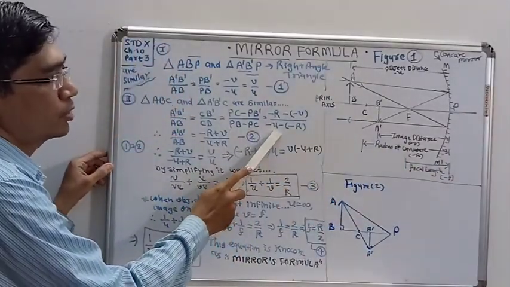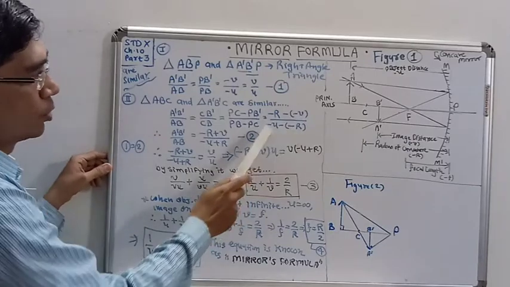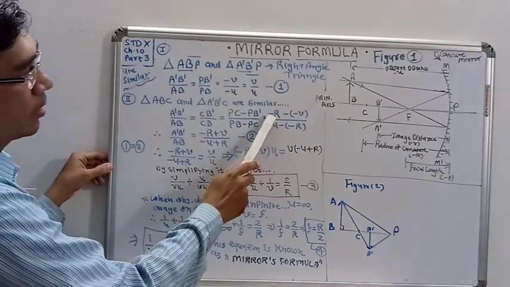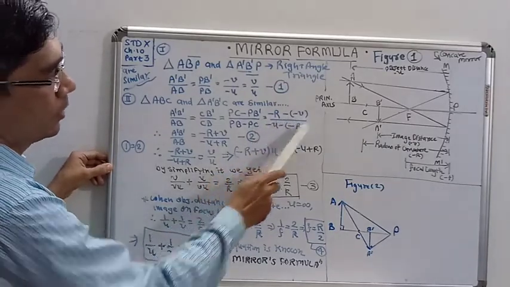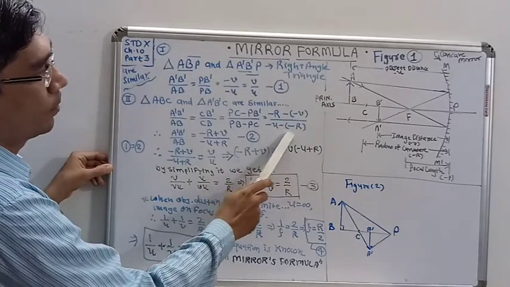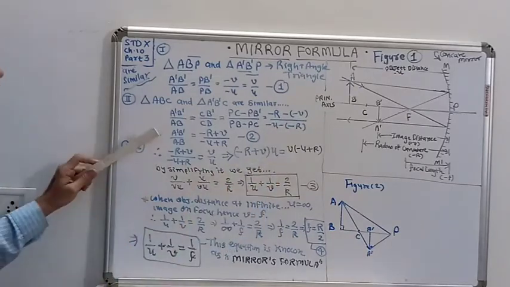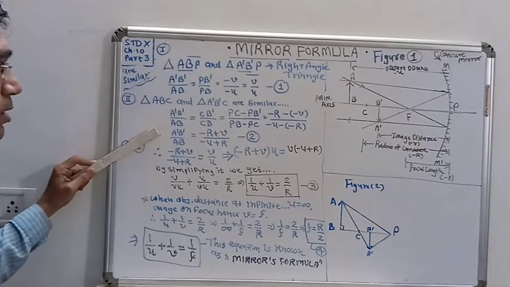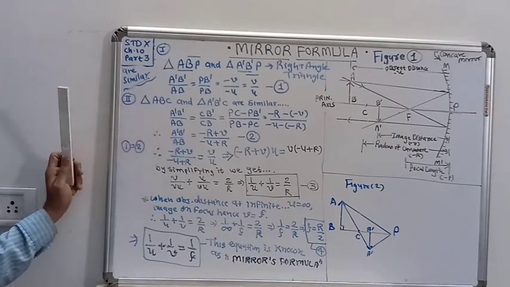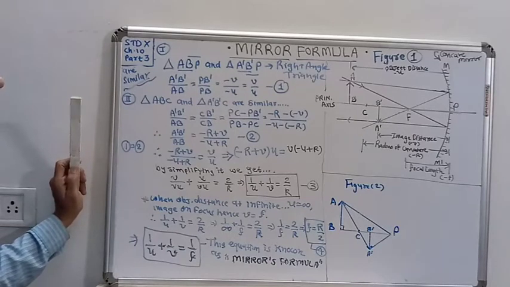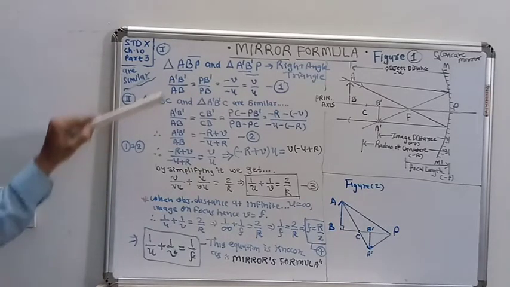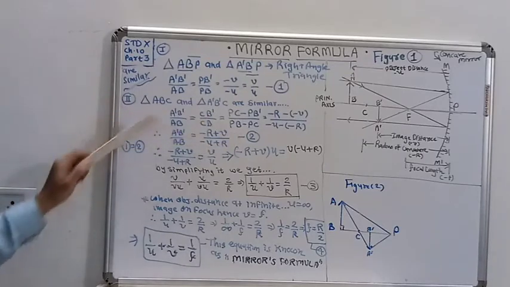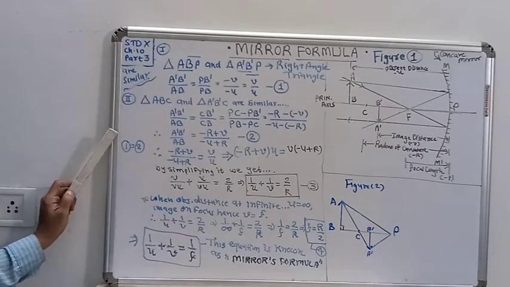So it is minus U minus R. So by simplifying it, we get minus R plus V upon minus U plus R. So we get the second equation, A'B' upon AB is equal to minus R plus V upon minus U plus R. So equation 1 and equation 2 are equal.